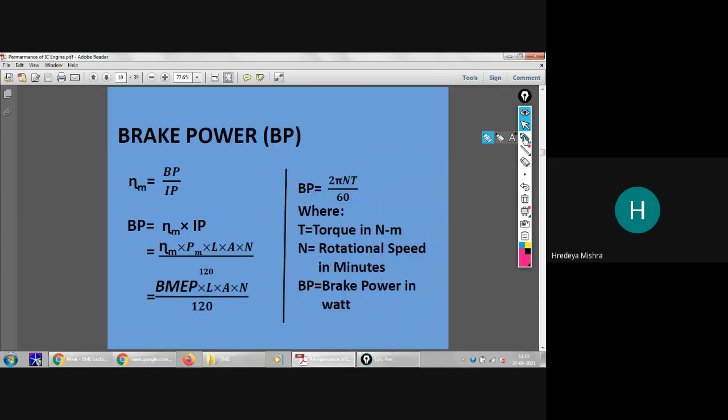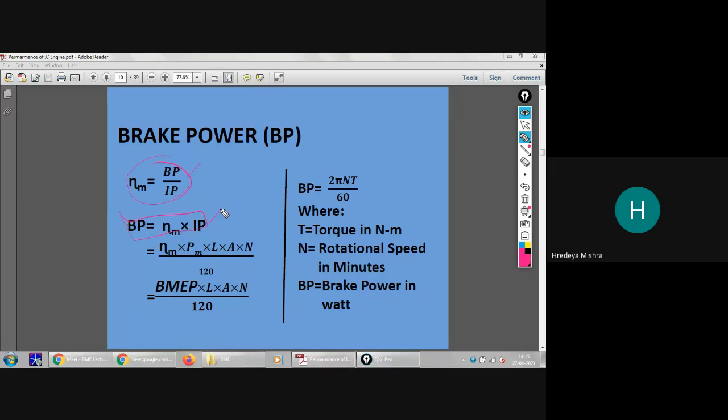So how do we calculate the brake power? Here is the formula for that. See here, this is the mechanical efficiency: brake power divided by indicated power. So from here, brake power is mechanical efficiency into IP.